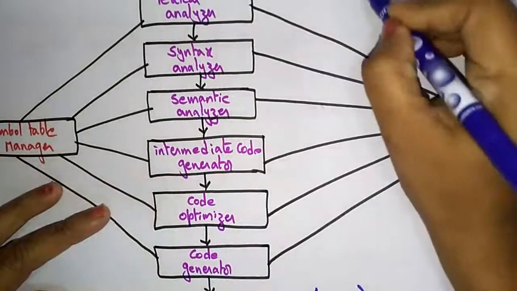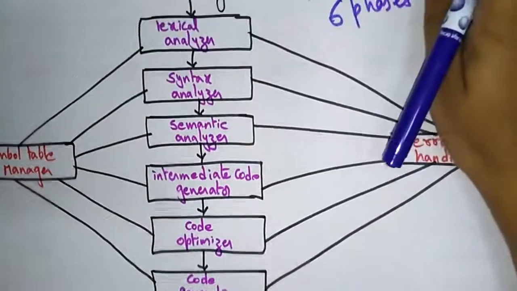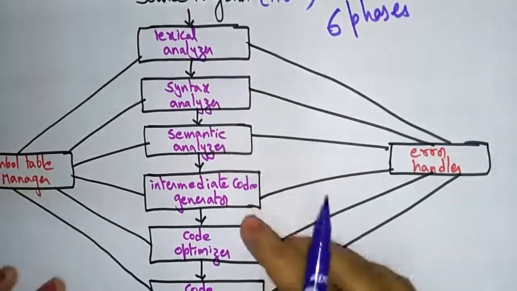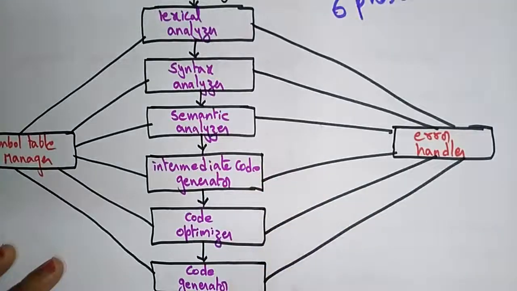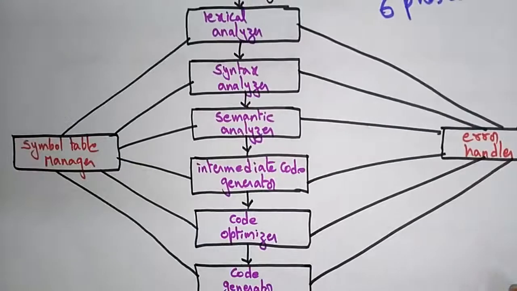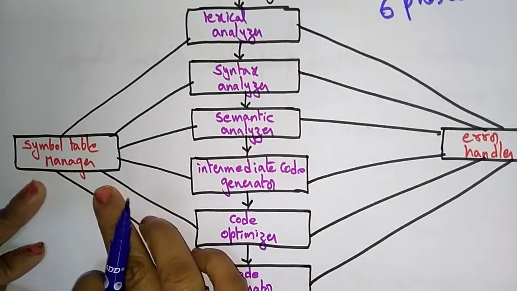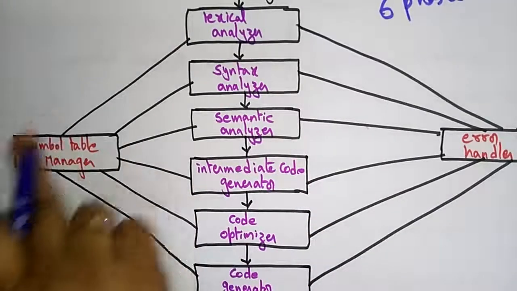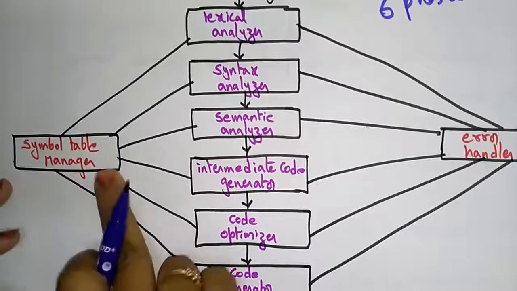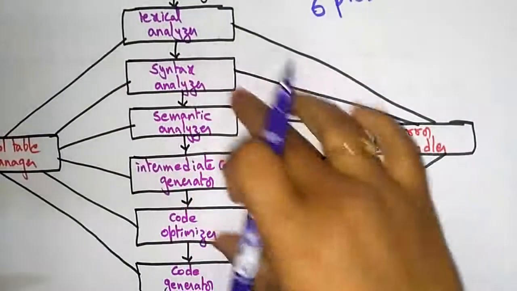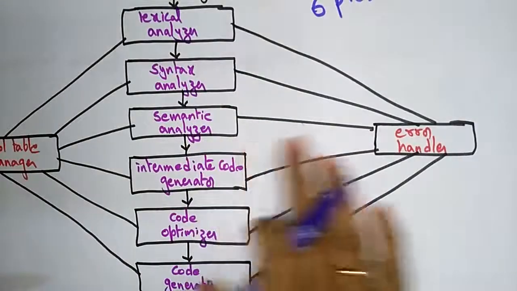In total there are 6 phases: lexical, syntax, semantics, intermediate code, code optimizer, and code generator. All these phases are managed with the help of the symbol table manager, where all symbol related information is stored, and if any error occurs between these phases, the error handler handles that error.